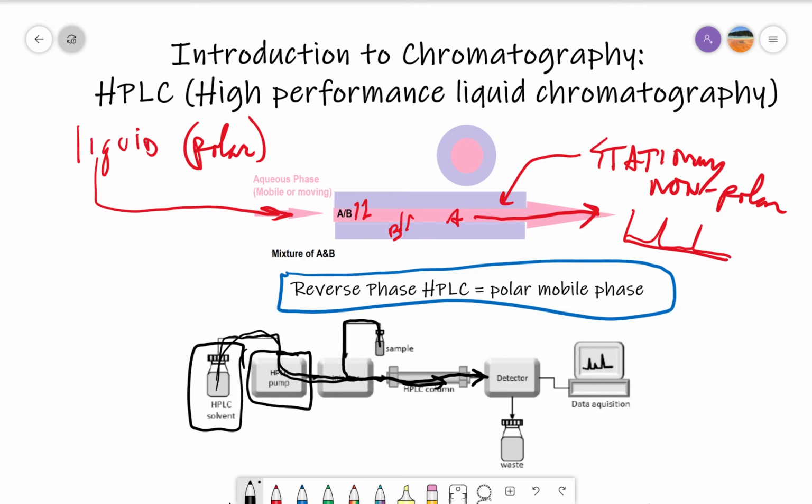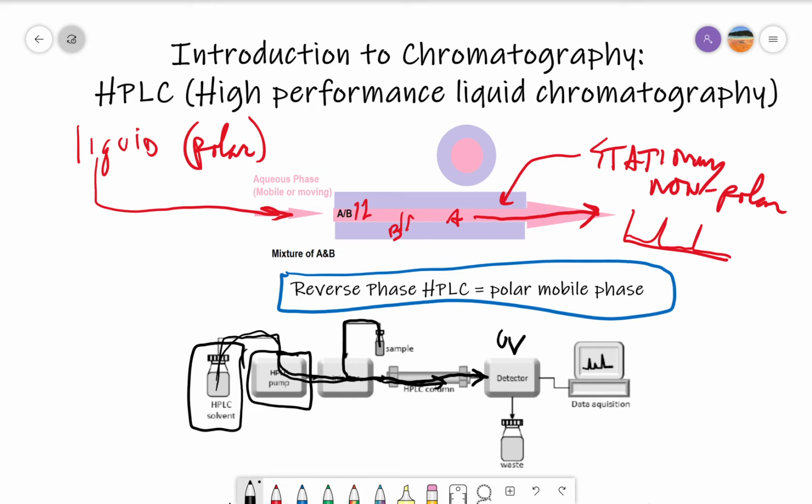It's important to remember at this point that the column itself and the chromatography portion of the experiment is only for the separation of the components of the mixture. You still need a separate detector in order to quantify those components. Typically in an HPLC experiment, that detector is a UV absorption detector.